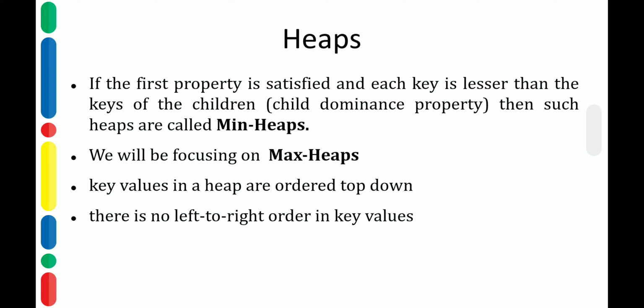Max heaps implement parental dominance, and the key values, as we will shortly show you in a few examples, are ordered top down, because the heap has to satisfy parent-child dominance.